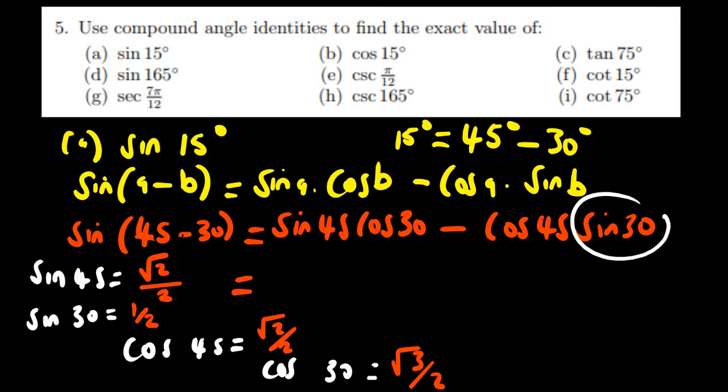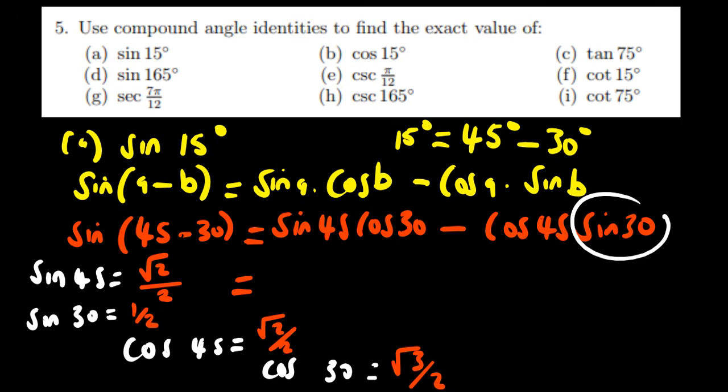Now I'm writing sine 45 as root 2 over 2 because when you're dealing with surds, don't leave a surd down in the denominator. Even in as much as we're still talking about trigonometry, don't put a surd down.